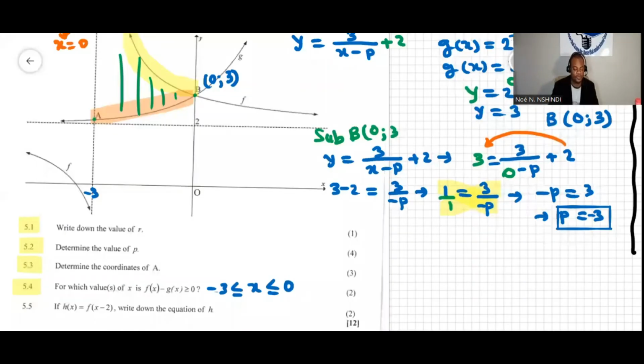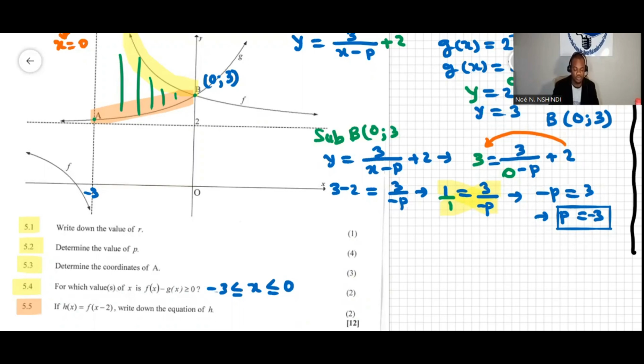Now the following question says 5.5, if h of x equal to f of x minus 2, write down the equation of h. So in this situation, it simply means wherever you have x, substitute by x minus 2.